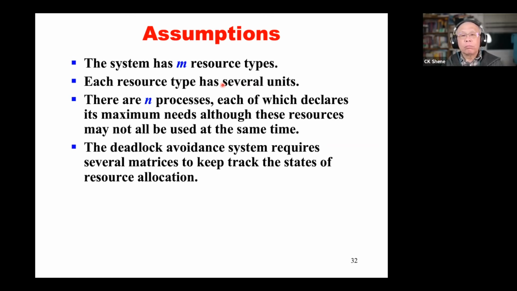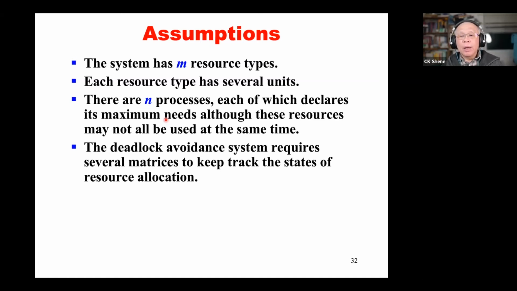So these values are always fixed. However, the system has N processes. The number N could change from time to time. Each of these processes declares, before they run, its maximum needs. Although these resources may not all be used at the same time.